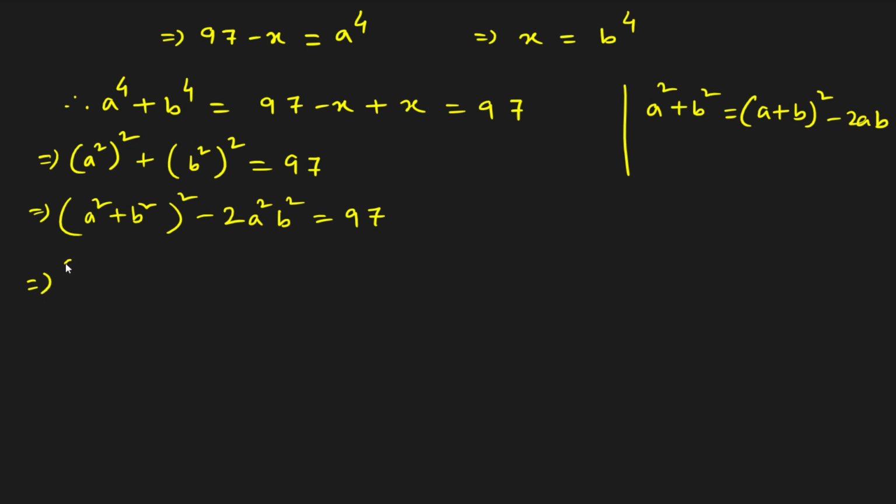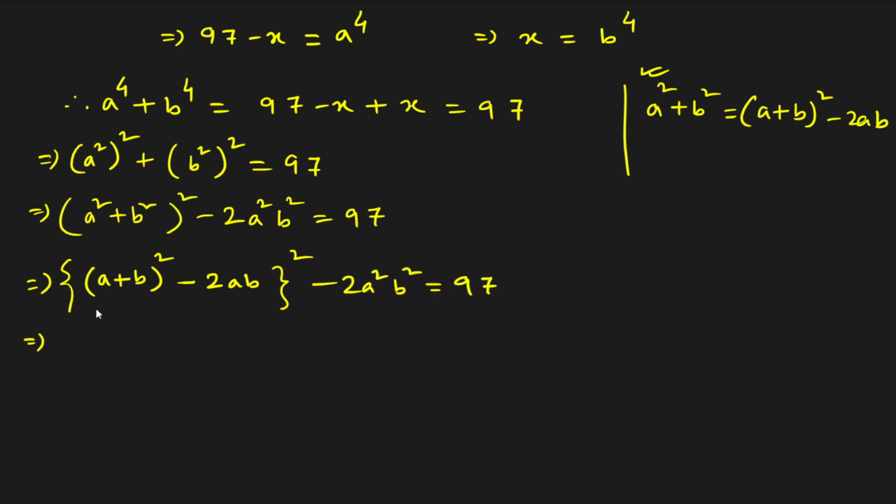Now a squared plus b squared, using this particular formula, we can elaborate further. It will be (a plus b) whole squared minus twice ab, then whole squared, minus 2a squared b squared, equals 97. Now what is a plus b?